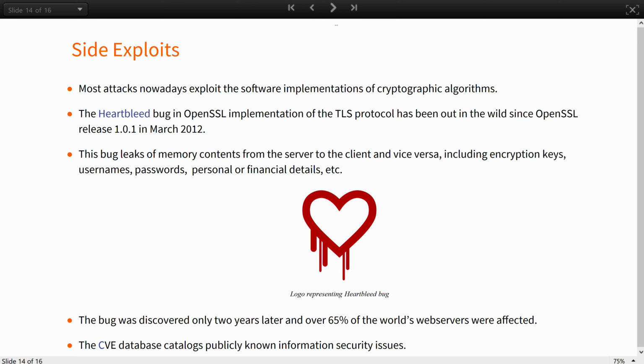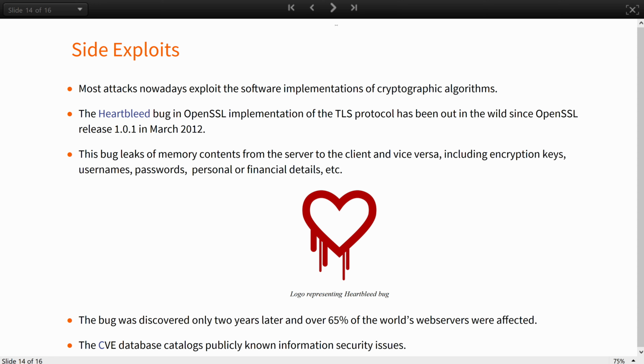This vulnerability was introduced to OpenSSL in December 2011 and has been out in the wild since March 2012. When exploited, this bug leads to the leak of memory contents from the server to the client, and vice versa, including encryption keys, usernames, passwords, personal or financial details.